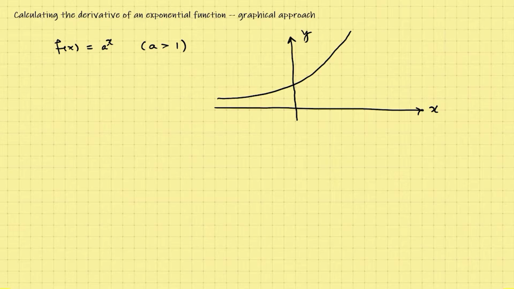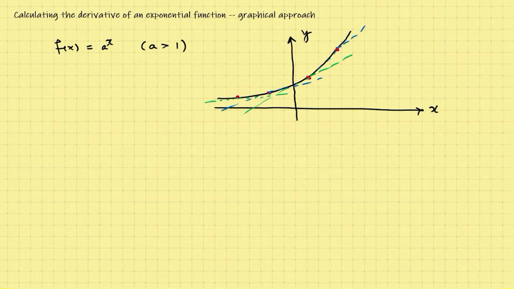We can get a derivative by going to lots of different points on the curve and drawing tangents to them, right? Let me try and draw the tangents in different colors. So here's a green tangent, and then the next one might be a blue tangent, then a green one again, and then a blue one again, and so on and so forth.